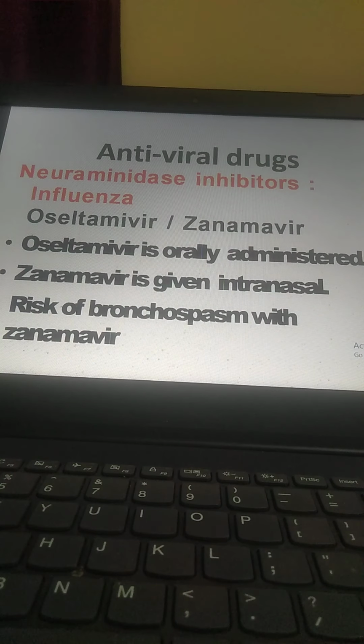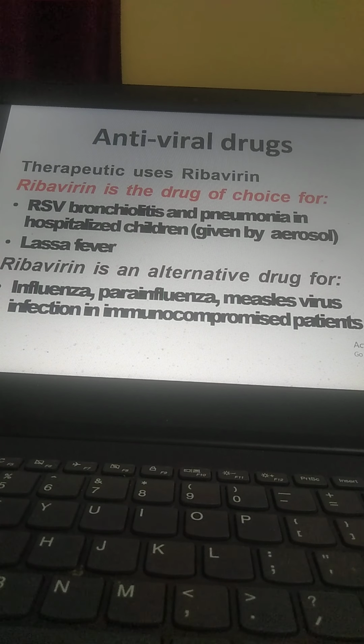Ribavirin is the drug of choice for RSV bronchiolitis and pneumonia in hospitalized children, given by aerosol. Lassa fever we can also treat. Ribavirin is an alternative drug for influenza, parainfluenza, and measles virus infection in immunocompromised patients.